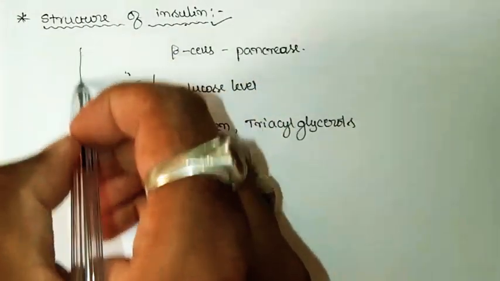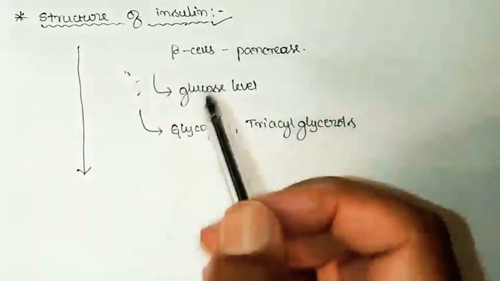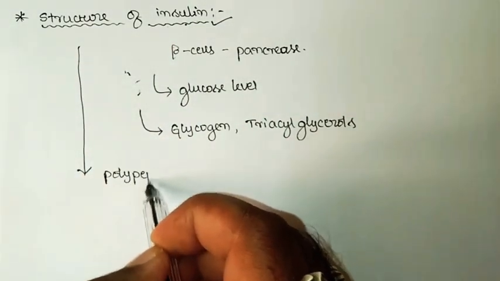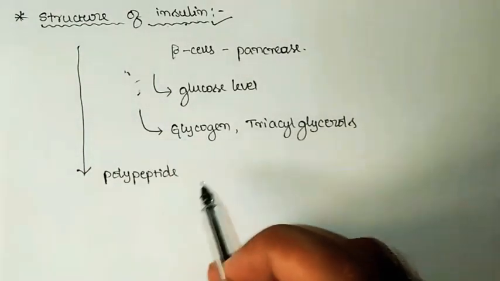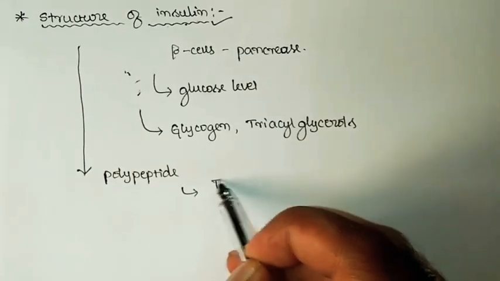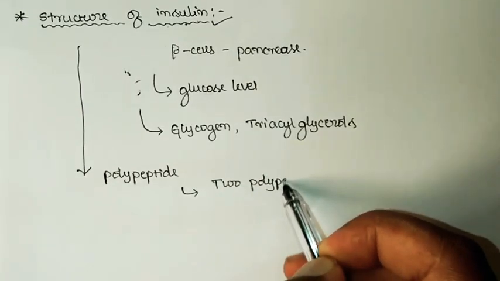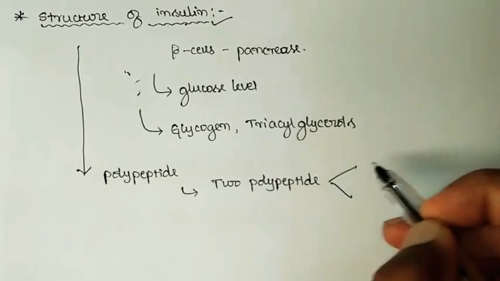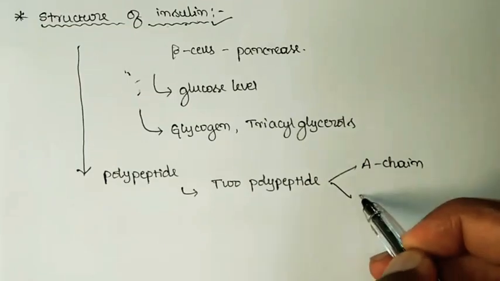And if you come to the main content, that is the structure of insulin, as we said, insulin is a polypeptide, so we will have a large number of amino acids. In case of insulin, there are two polypeptide chains, which are designated as A chain and B chain.